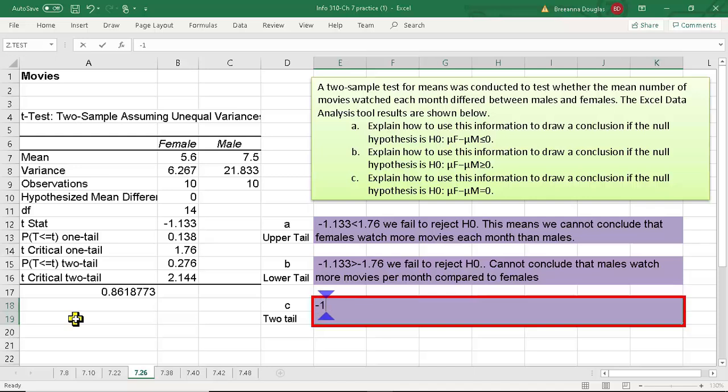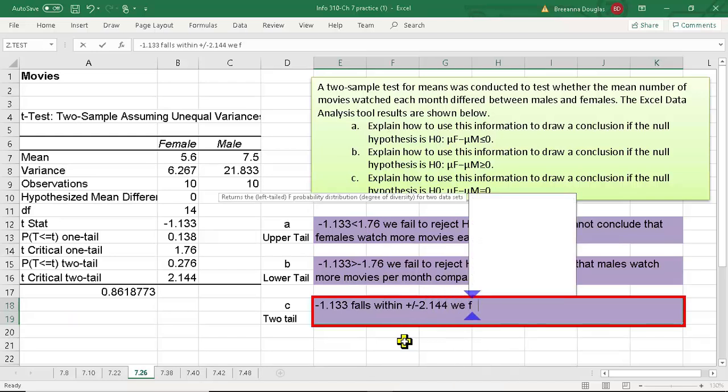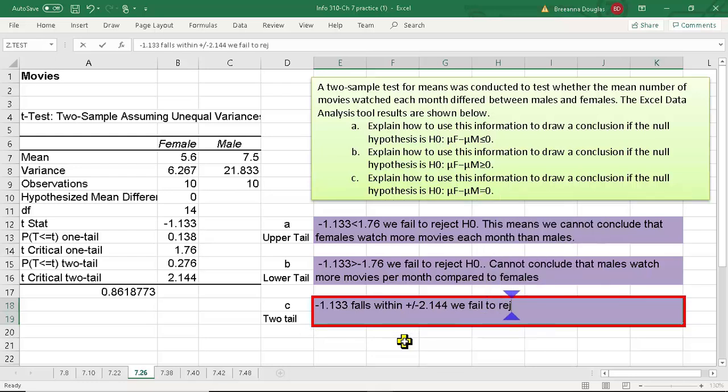Because our test statistic of 1.133 falls within our critical values, 2.144, we fail to reject the null hypothesis. This is confirmed by the fact that our p-value of 0.276 is less than our significance level of 0.05.